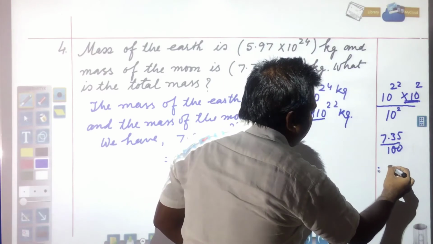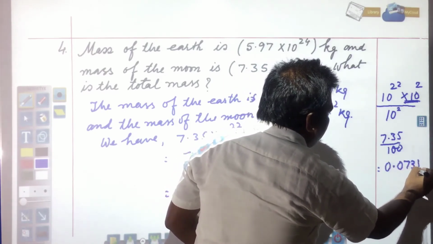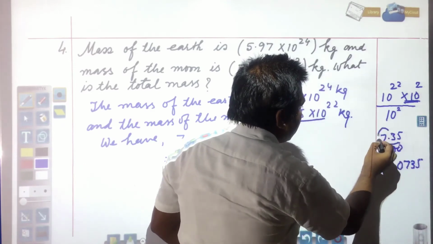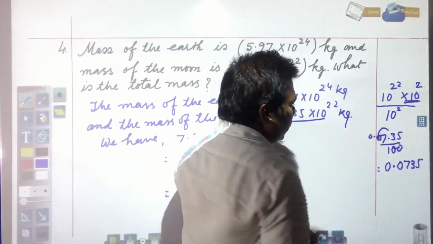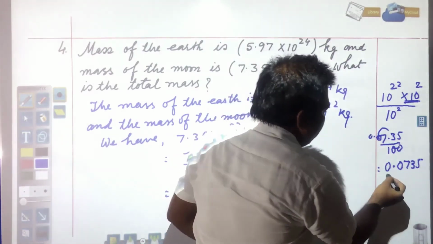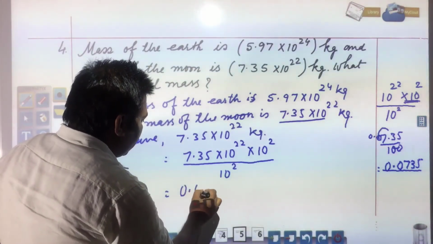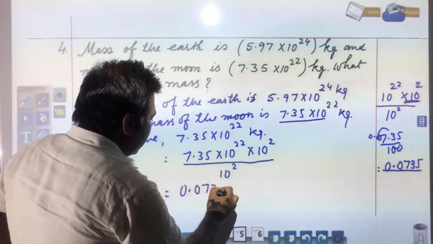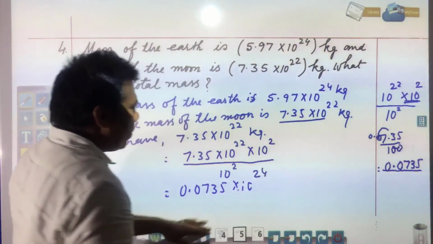So, this will become 0.0735. Now, you see 2 places it came, here we put 0 and here decimal and then 0 it came. So, in this way this is required to be converted. So, this will become 0.0735 into 10 to the power 24.